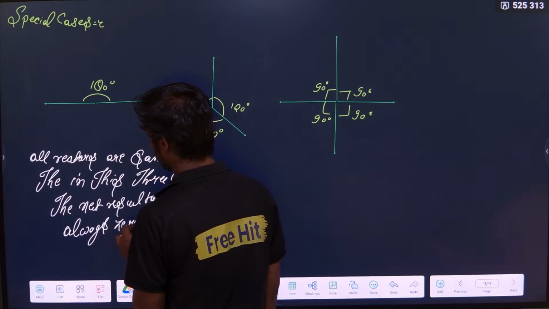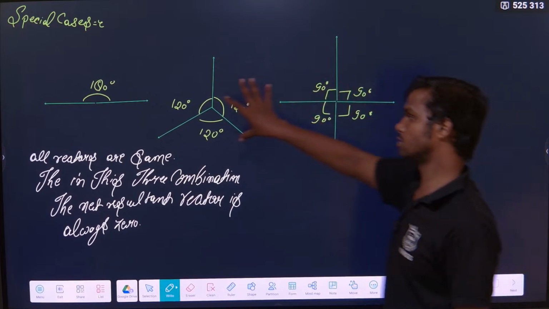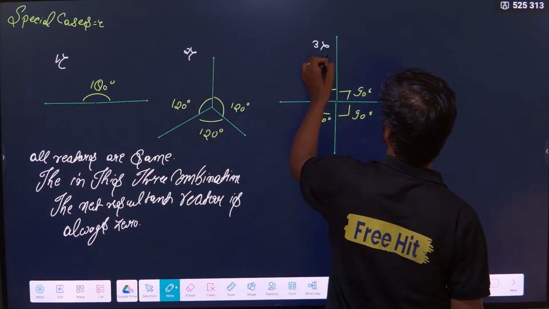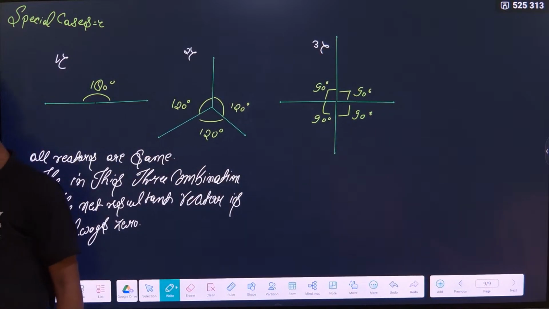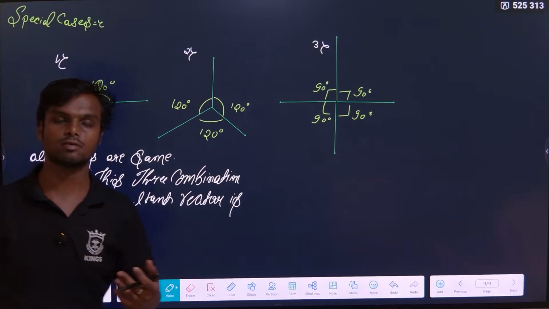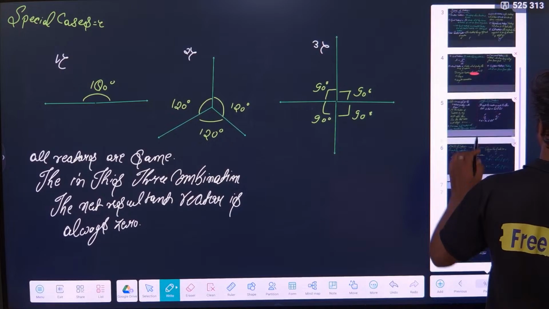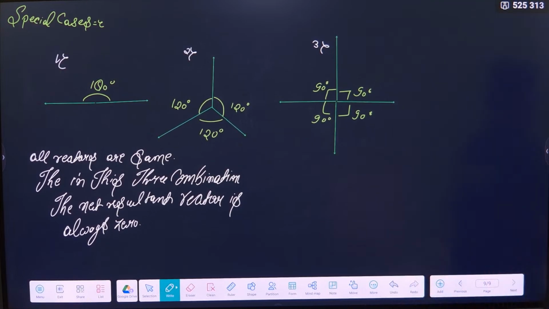These are the three important combinations in which you will get the net resultant vector always 0. If you find it in this, this or this, these are the three important cases where you will get the net resultant vector always equal to 0. Doesn't matter what you are taking, it will always be 0. Means always. Clear? Any doubt? So till here we have seen the different cases, and how to find the magnitude in all these cases.